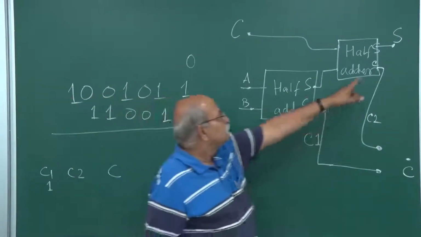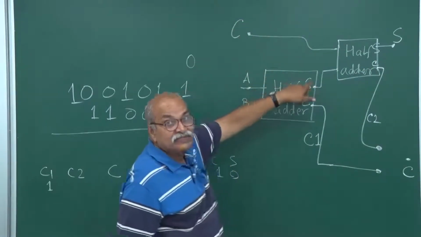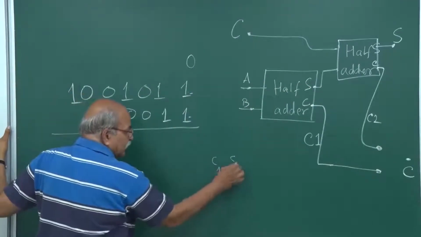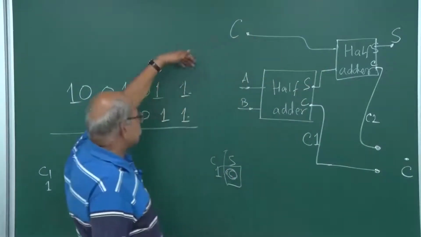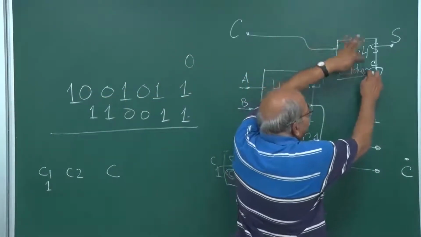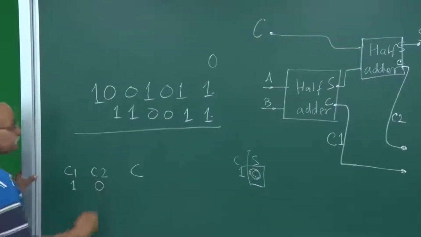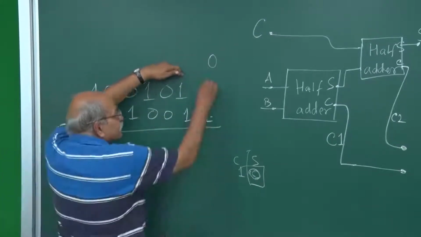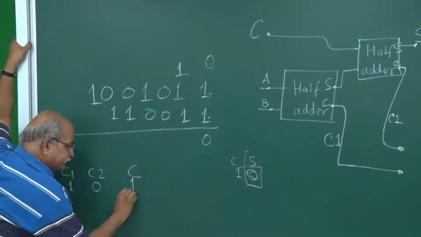When I am adding this carry and this sum, the sum is 0. And this sum 0 is to be half added to this carry, which is 0. So 0 and 0 are going here, and therefore the carry will be 0. So C2 is 0. Alright, and this position is C. So what is C here? This will give you 0 here, and this will give you 1 here. So C is 1.